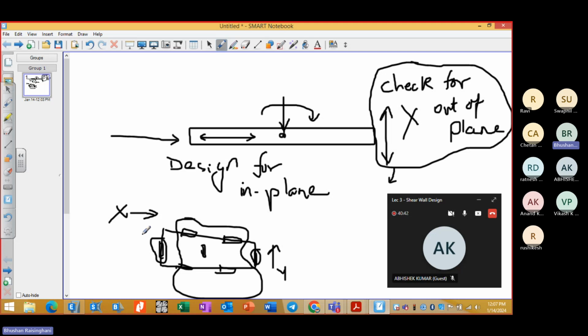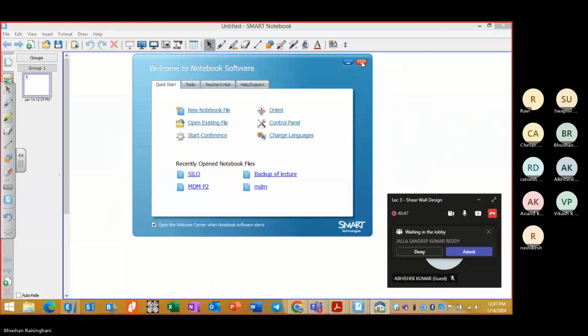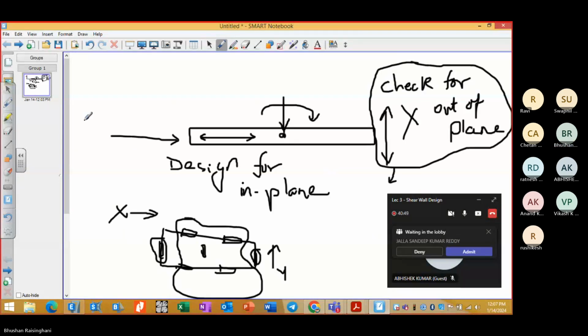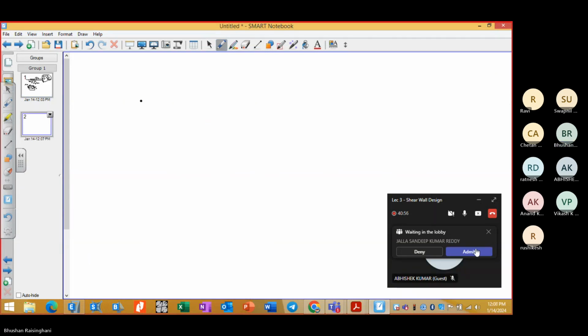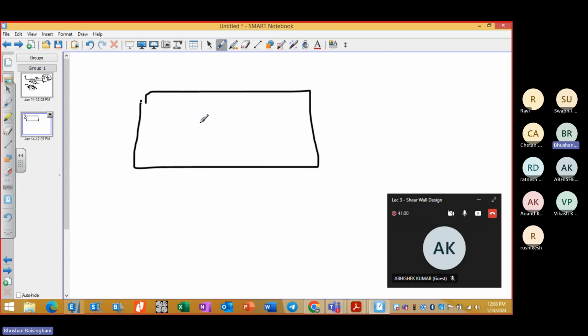And the second category would be that we are having the core.